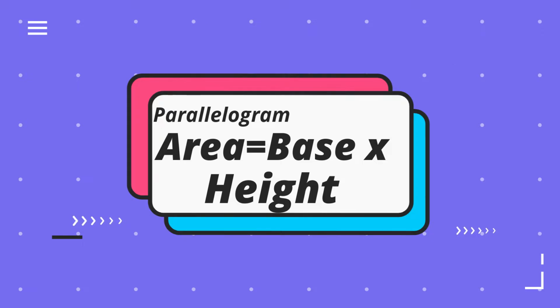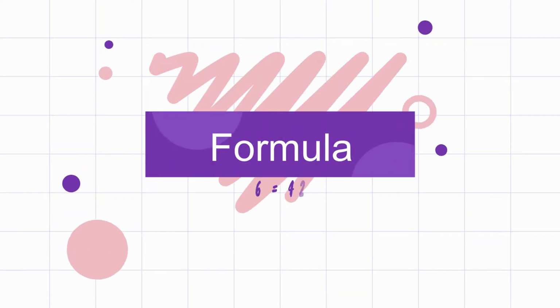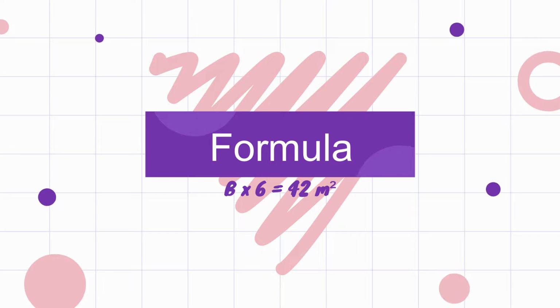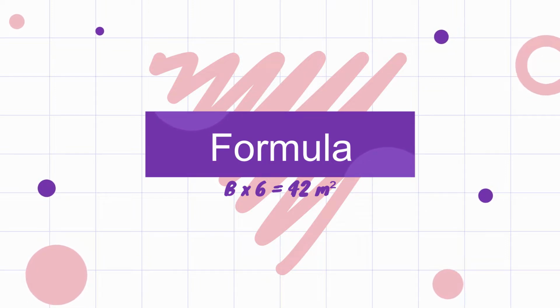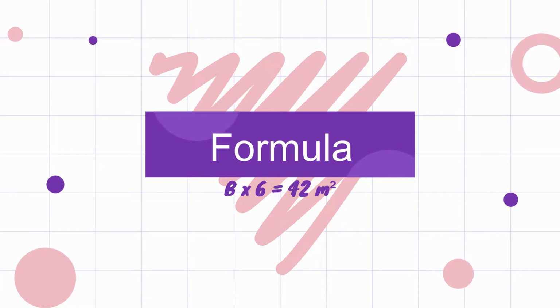So the formula of area is base multiplied by height is equal to area. So instead of writing the value of base, you will write b multiplied by the value of height is equal to the value of area. Base multiplied by height is equal to area. And then we can solve it.